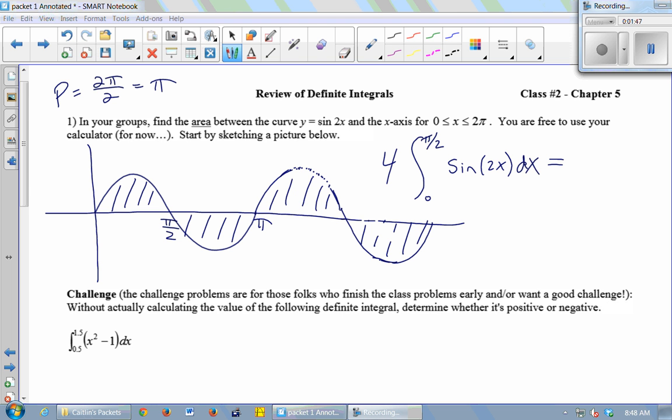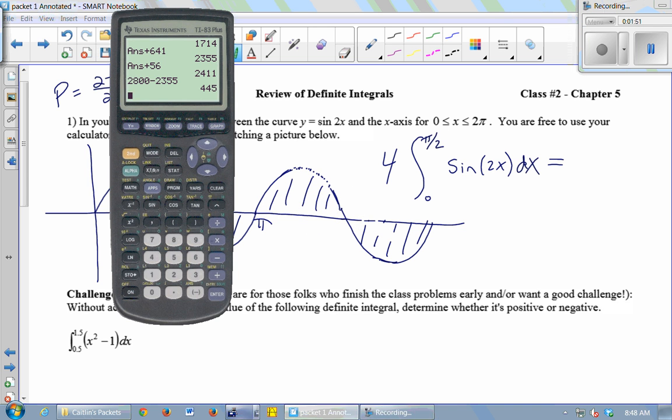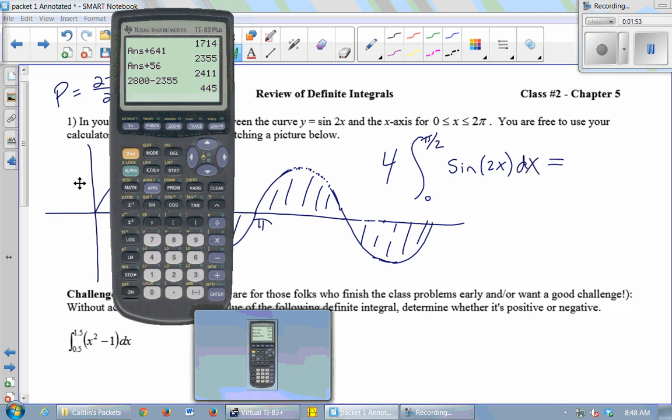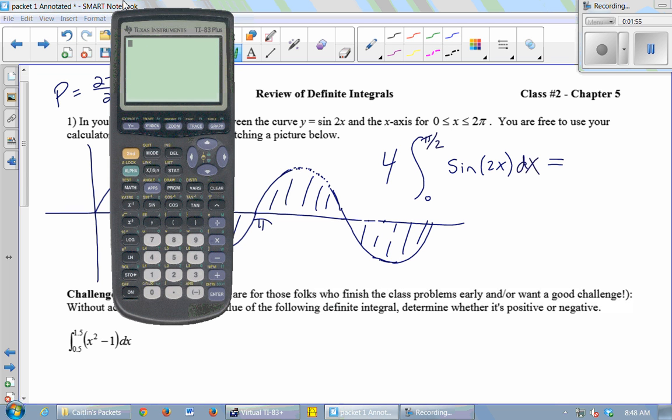And we don't have a lot of techniques for finding integrals by hand, so I'm going to use my graphing calculator. So that's in the math menu, fnInt. We put the function first, sine 2x, and then comma x, and then that's just telling it that x is the independent variable.